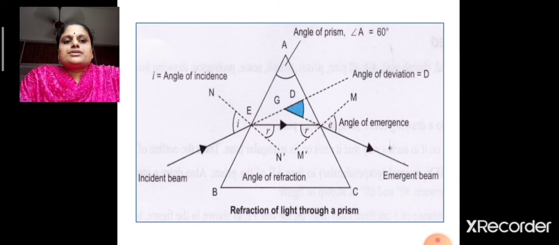That angle measured is known as the angle of deviation, marked by D, or the blue shaded portion of the prism. Now there are two refractions inside the prism, and these refracted angles are represented by small r. Angle of emergence is marked by the letter small e.